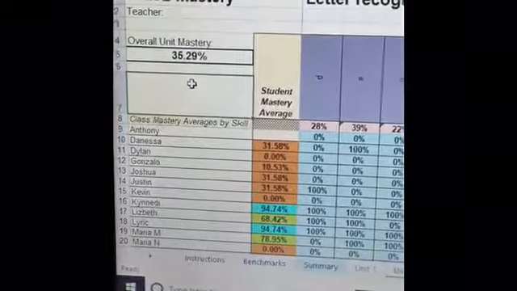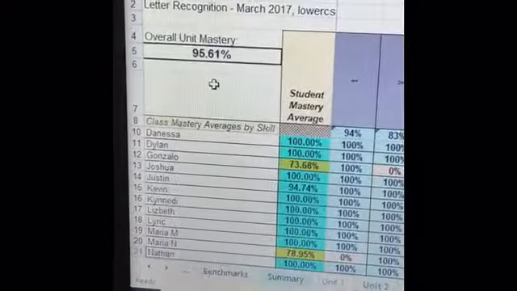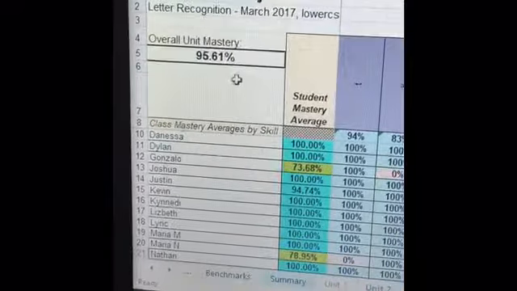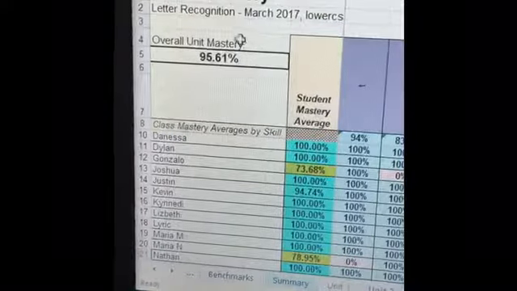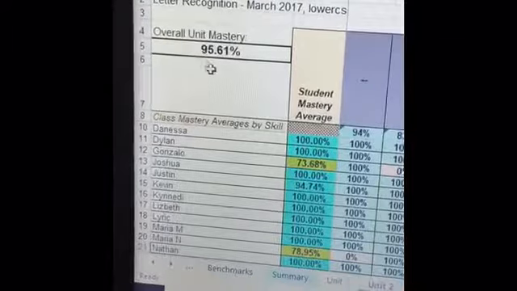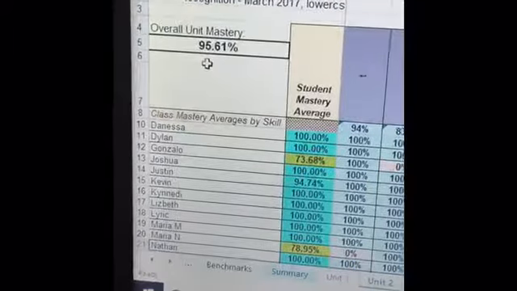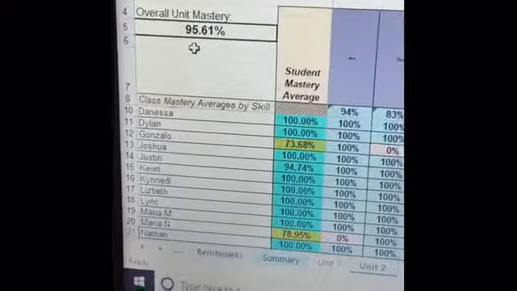Then I measured mastery again later in the year. As you can see here, by March of the school year, the children had gone from just over 35% mastery to almost 96% mastery in lowercase letter recognition.